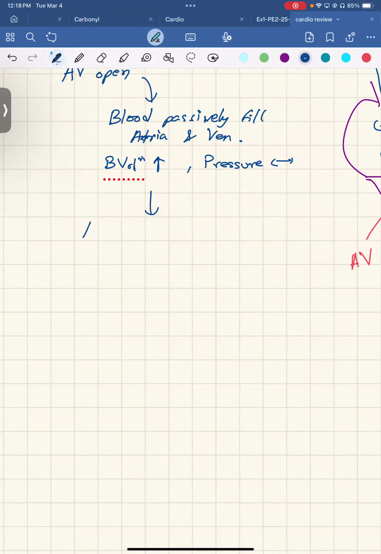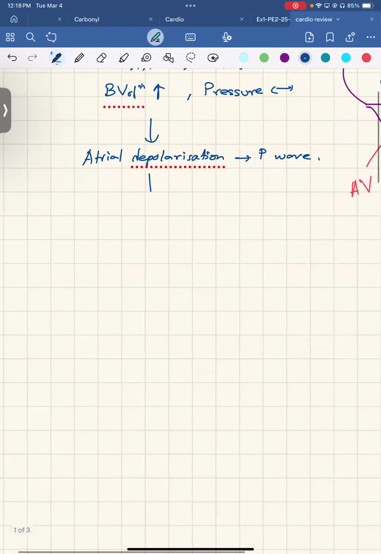And then what would happen? There would be atrial depolarization. That's the P wave, right? And that causes atrial contraction.